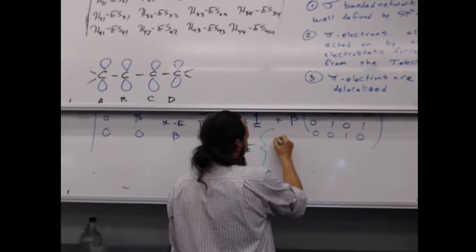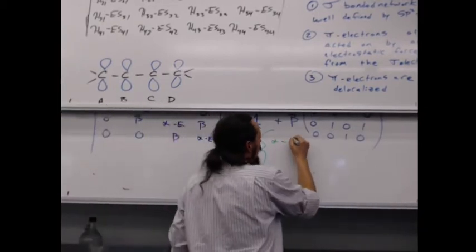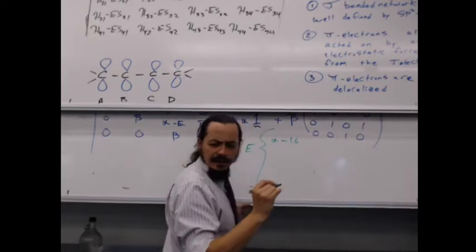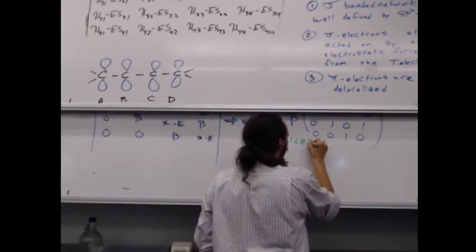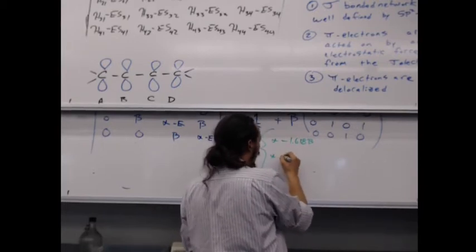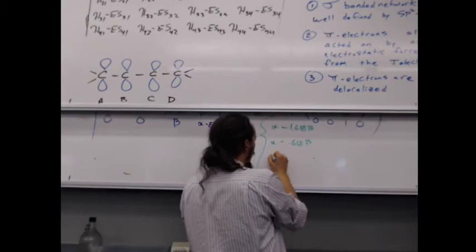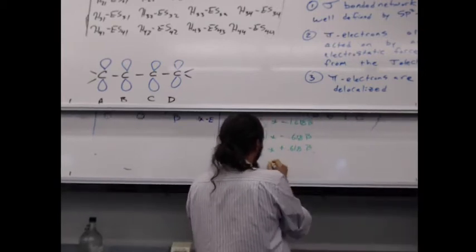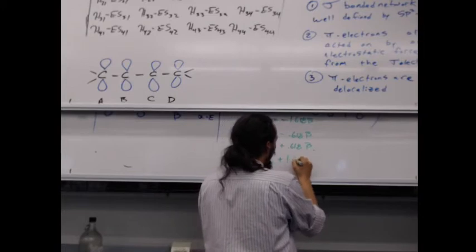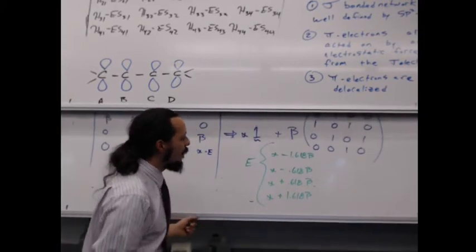I'm going to get alpha minus 1.618 beta. Someone read that number. I'm going to get alpha minus 0.618 beta. I'm going to get alpha plus 0.618 beta. And I'm going to get alpha plus 1.618 beta. Those are my 4 energies.